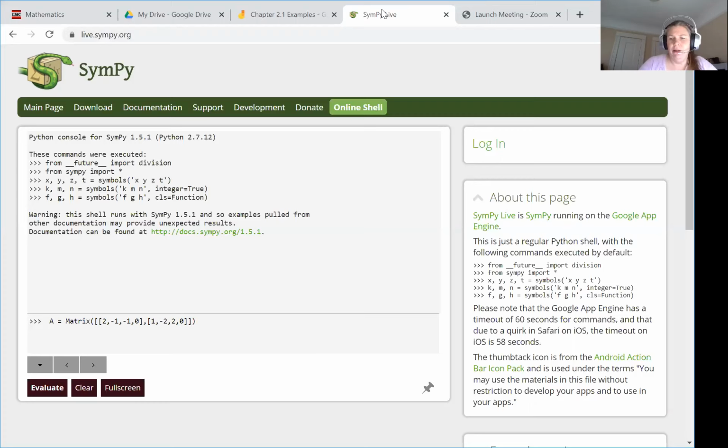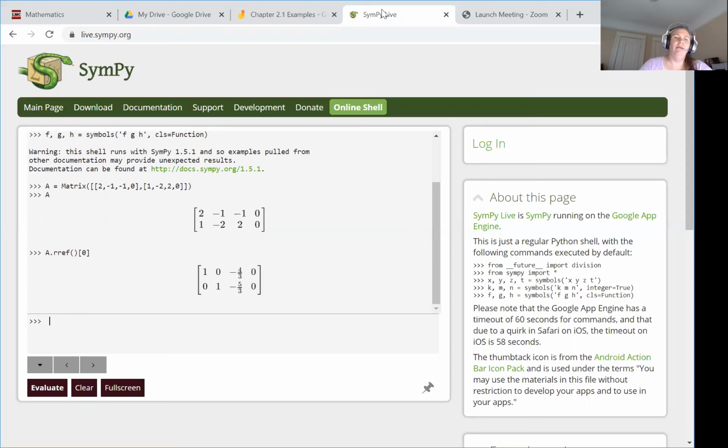Close it off with double brackets and parentheses, and then we can verify it and just check. Matrix A is as we think it should be. And then we can do A dot rref parentheses, and then we just want the first result from our output. And so here we get our reduced row echelon form.